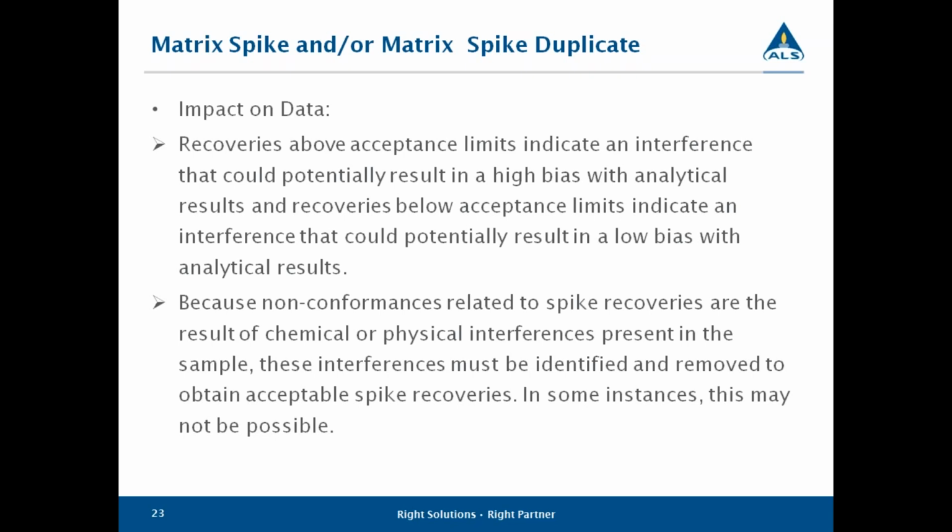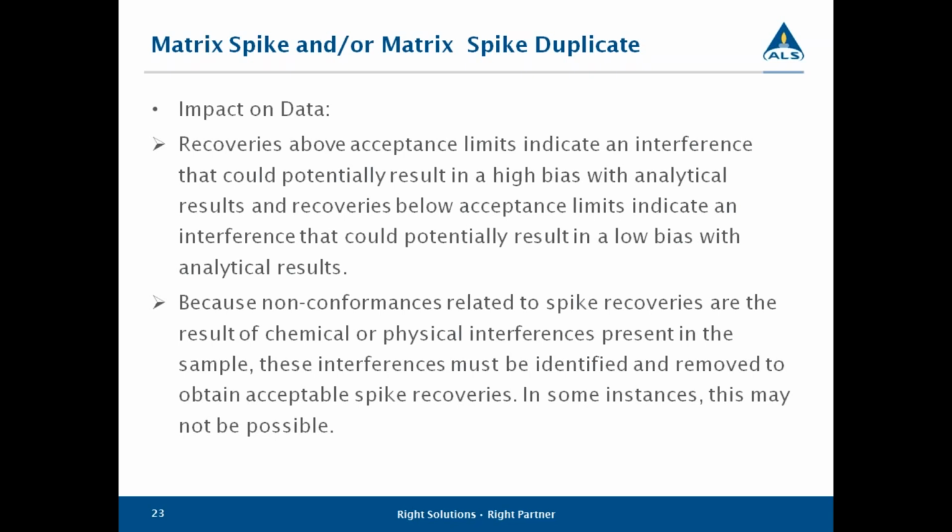Now, because nonconformances are related to spike recoveries as a result of chemical or physical interferences that are present in the sample, these interferences must be identified and removed to obtain acceptable spike recoveries. In some instances, this might not be possible, but it's telling you a lot. Here's an example. Let's say you're analyzing your sample for hexavalent chromium, okay?